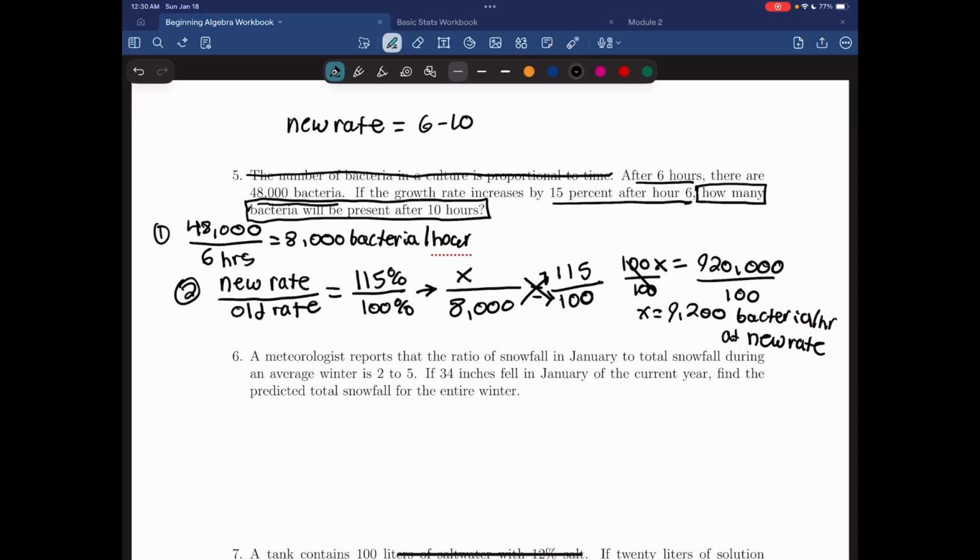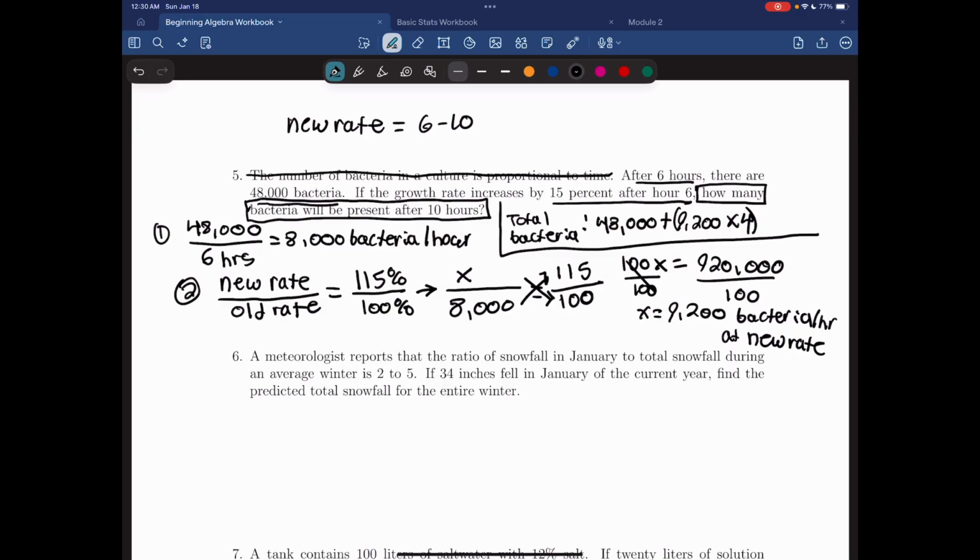So to find the total bacteria, I'm going to write it in this box here. To find the total bacteria, we're going to have to take that 48,000 and add it to 9,200 times 4.